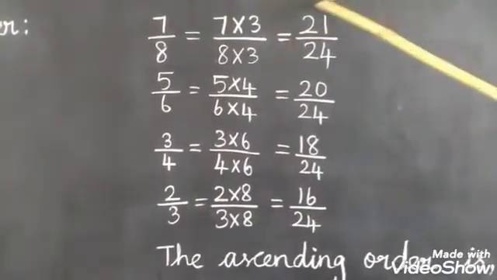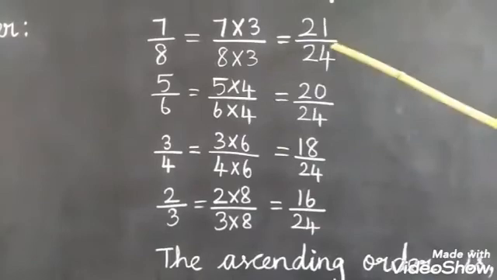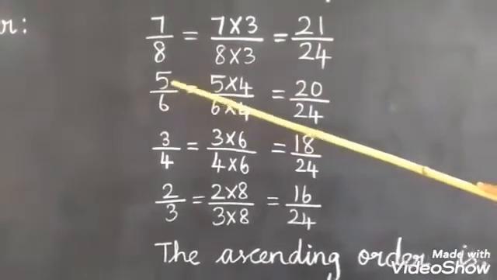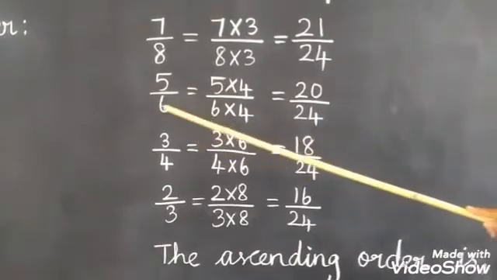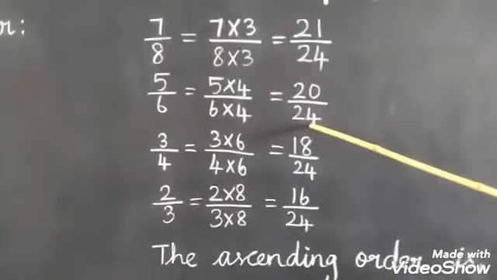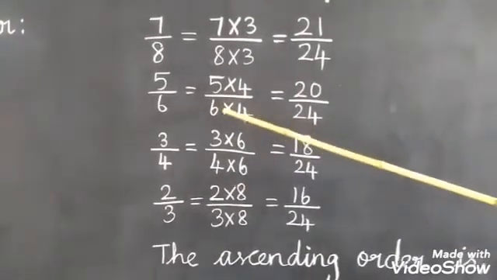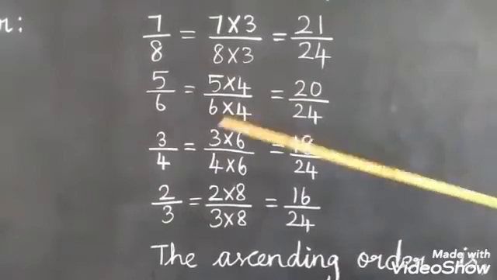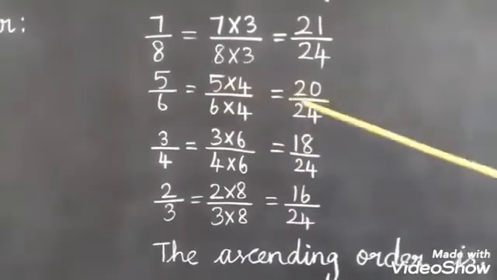So 21 by 24 we get. See the next fraction 5 by 6. For this also we have to change the denominator to 24. So we want to multiply numerator and denominator by 4. 5 4s are 20. 6 4s are 24.